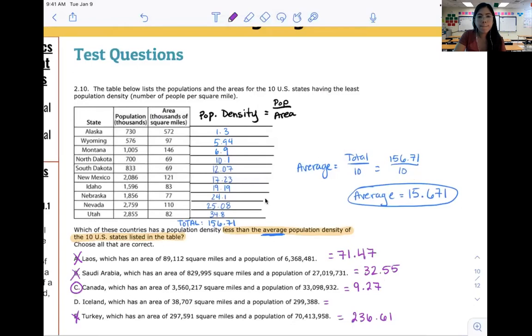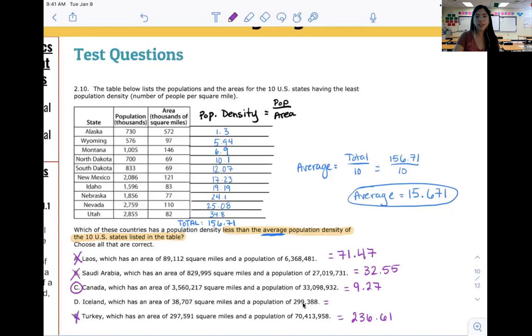What did we get for that one? Iceland. Remember that you're doing population divided by area.